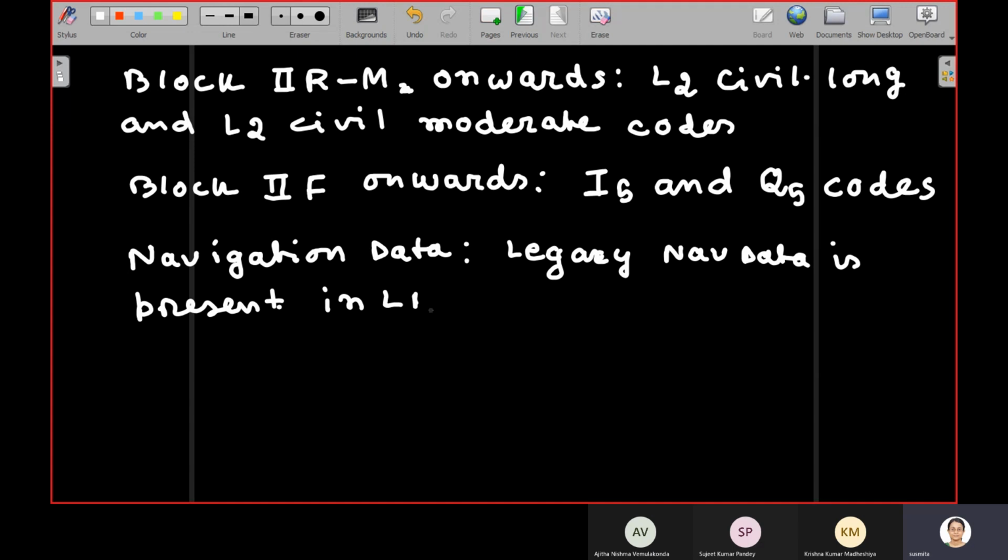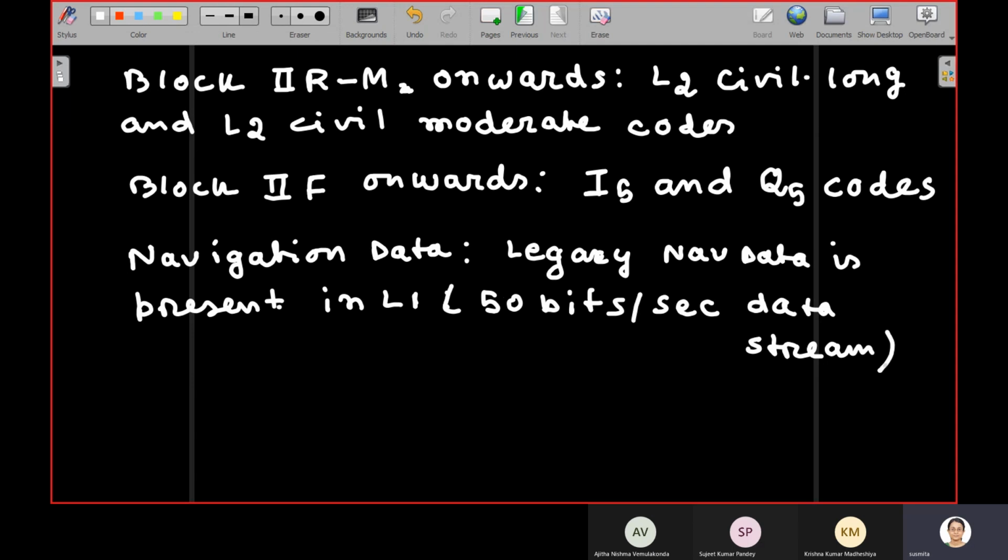Okay, so this is for L1 then. It's a 50 bits per second data stream. So in case of navigation data, one pulse is called a bit. So in the case of legacy navigation data, there are 50 bits in a second.